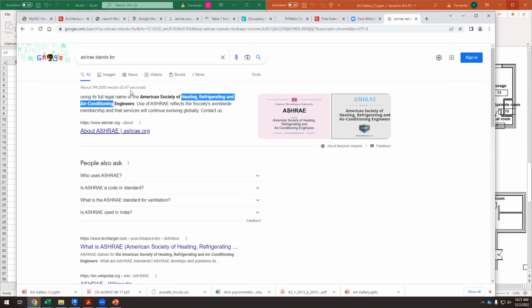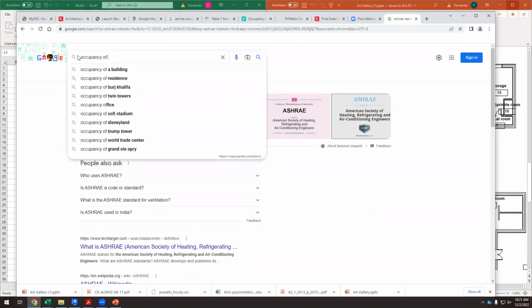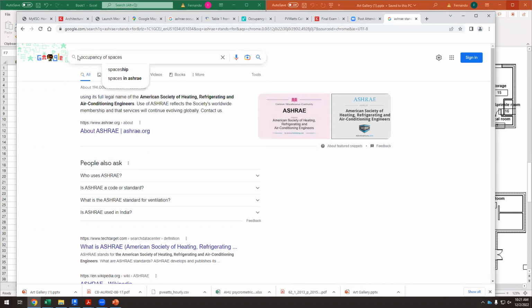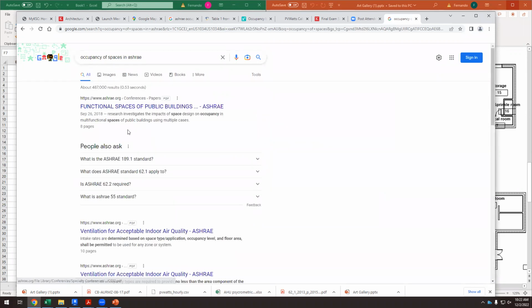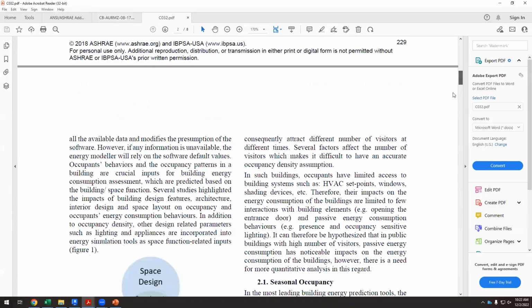But if we, for example, ask for occupancy of spaces in ASHRAE, functional spaces of public buildings, let's try to find out, and we have a PDF. That's scary, because the ASHRAE PDFs are like this.